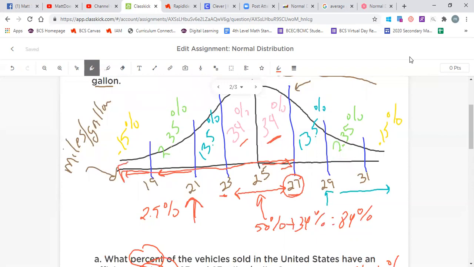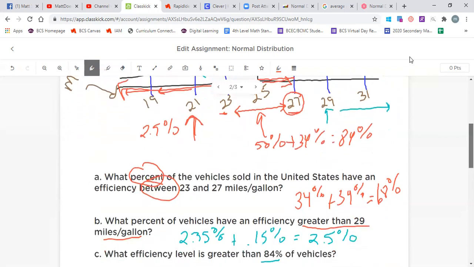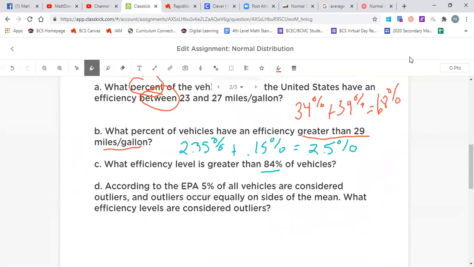So 27 miles per gallon is more efficient than 84% of the vehicles out there. So what efficiency is this level? Well, that is 27 miles per gallon.